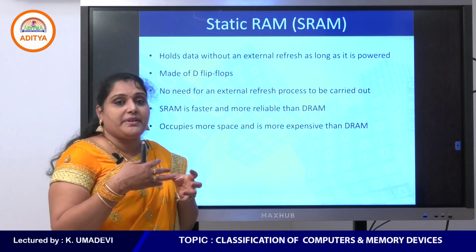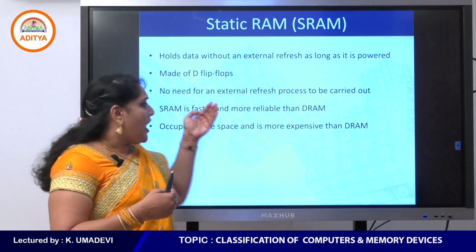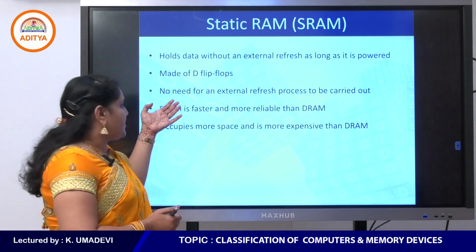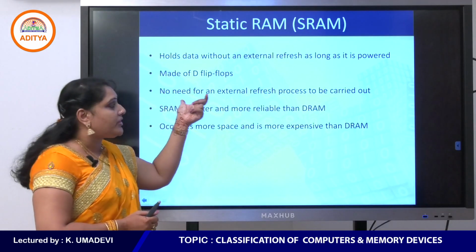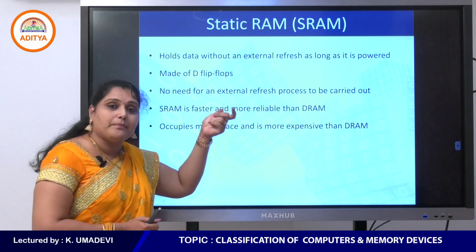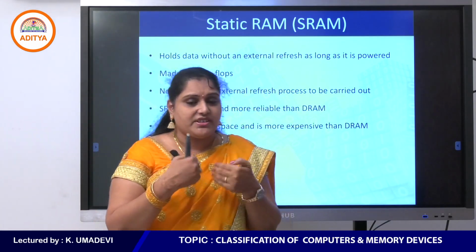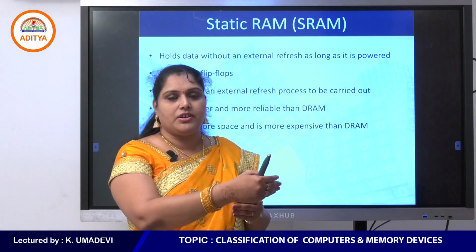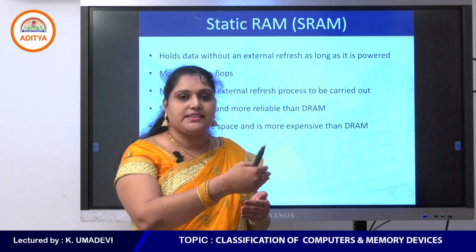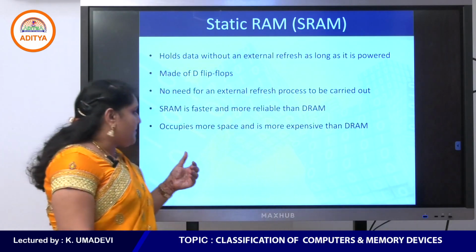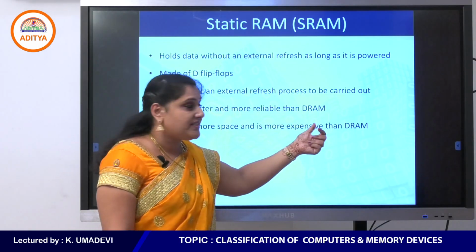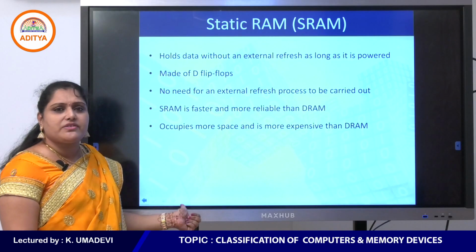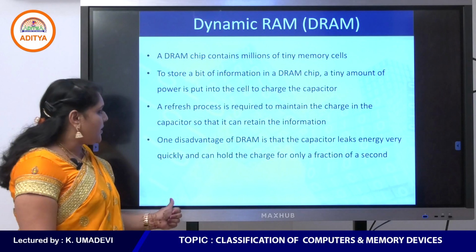It automatically refreshes its data after the completion of execution or processing. SRAM is faster and more reliable than DRAM, but it occupies more space and is more expensive than DRAM. So what about DRAM?